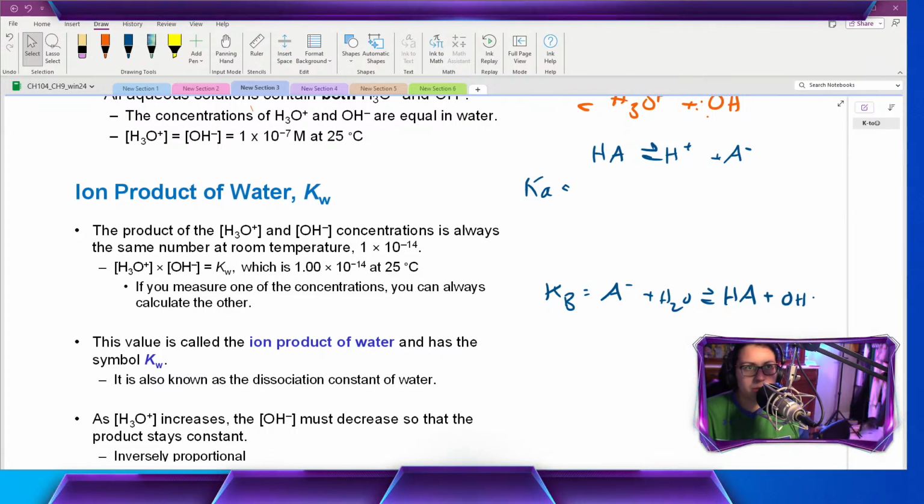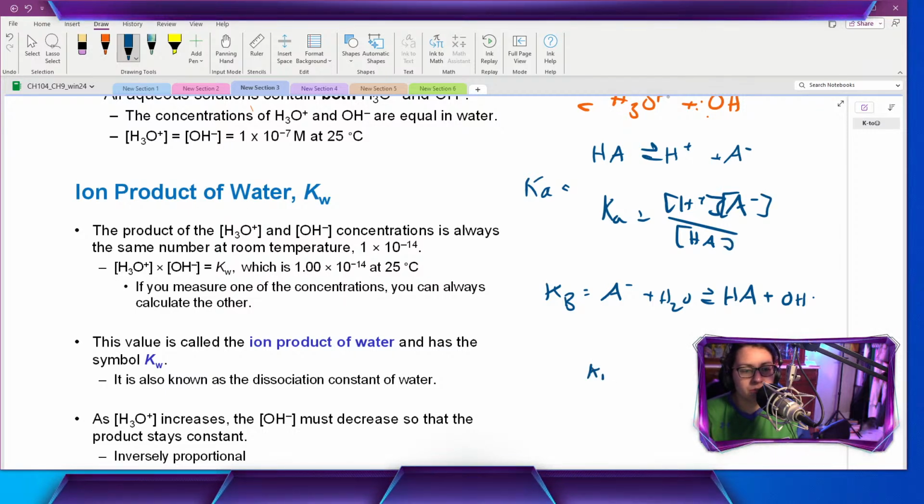And then we said we could write our equilibrium expressions. We end up with Ka equal to H+ times the conjugate base over HA. And for Kb, that's equal to hydroxide times our HA over A-.